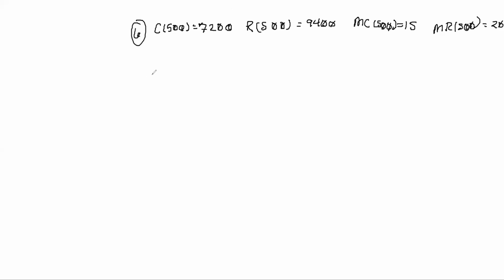Okay, so for this problem, basically what we need to do is establish, we're trying to find profit or loss. So we need an equation for profit. Actually, it's not going to start with the cost of making something.